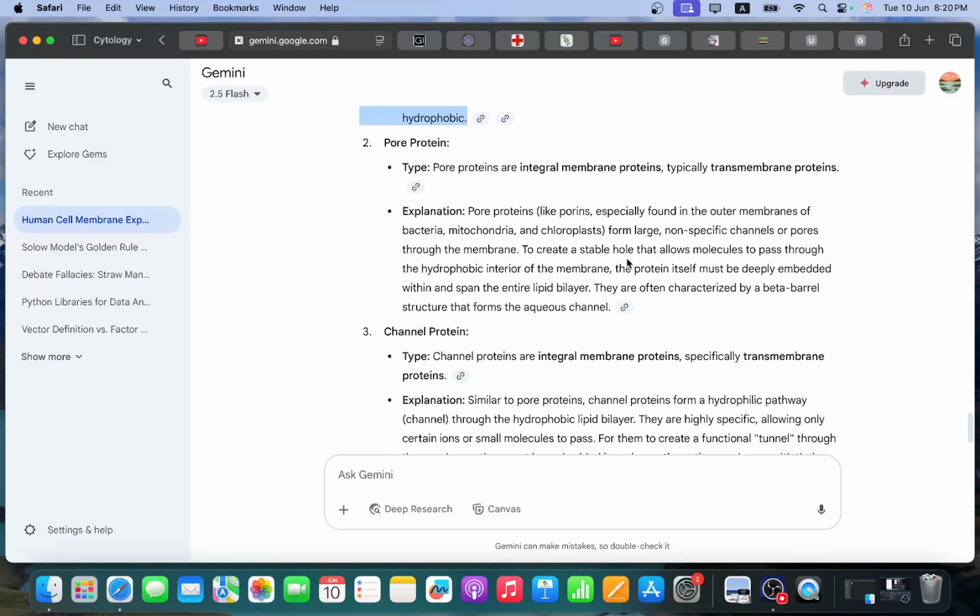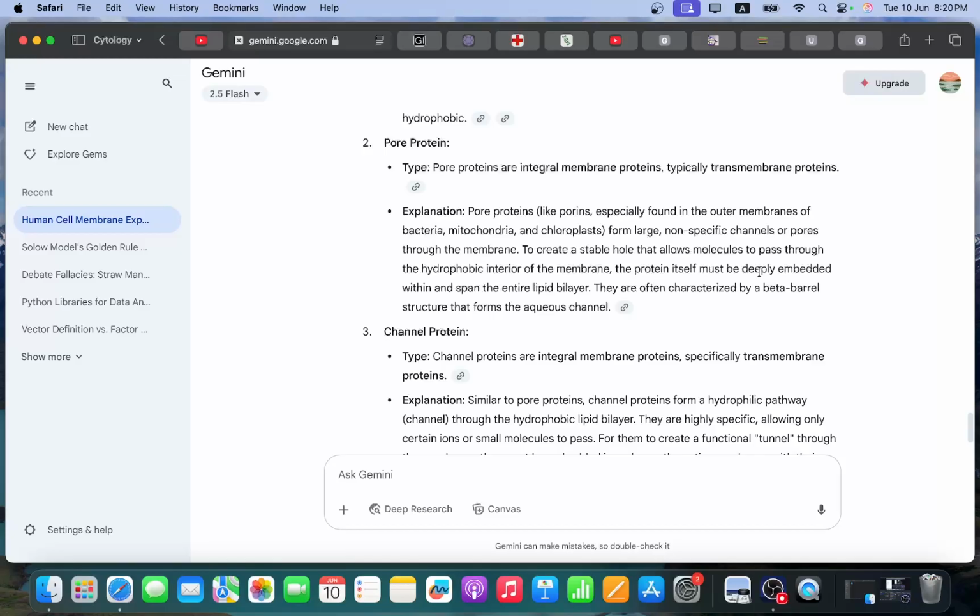Cool. Pore proteins. Pore proteins are integral membrane proteins, typically transmembrane proteins. Explanation: pore proteins like porins, especially found in the outer membranes of bacteria, mitochondria, and chloroplasts, form large non-specific channels or pores through the membrane to create a stable hole that allows molecules to pass through the hydrophobic interior of the membrane.